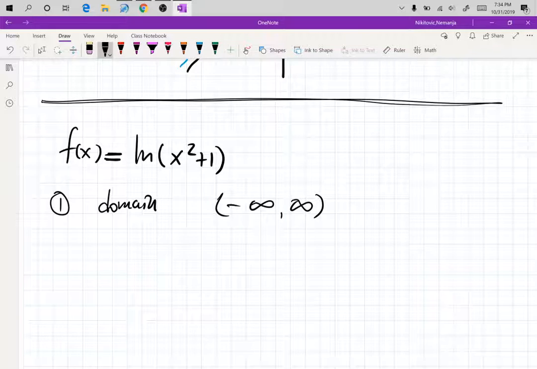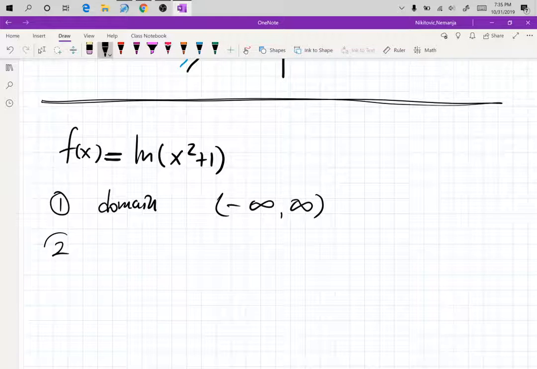And then when you add 1, it remains positive. So the lowest value you can get is ln of 1, and ln of 1 is 0. So this function is always above the x-axis, we know that much, and it can take any real number for x.